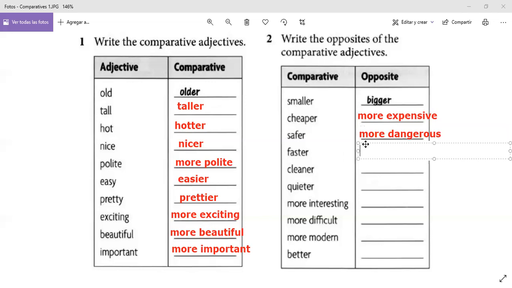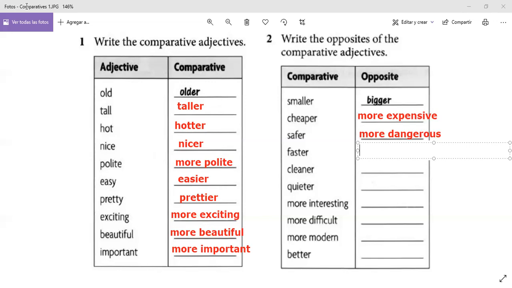What about faster? Faster. What is the opposite of faster? Example, a rabbit runs fast.